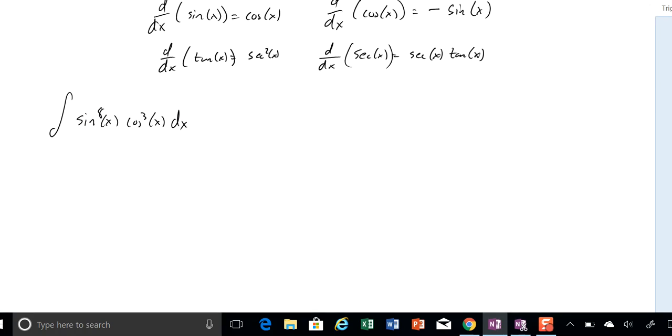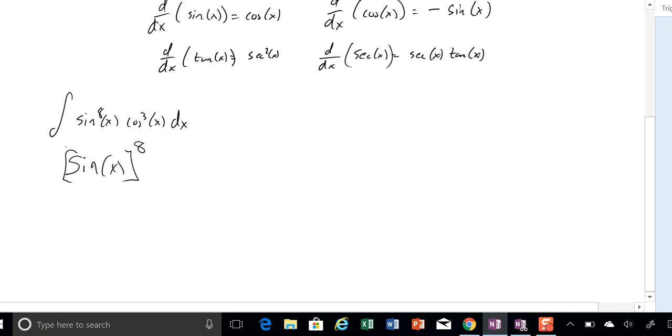So let's do an example. Let's find the antiderivative of sine to the 8th of x times cosine cubed x with respect to x. I've got an odd power of cosine, so I'm going to take two of those cosines. I'm thinking I've got to do a substitution. I'm looking at the sine of x raised to the 8th power, and I've got the cosine cubed x.